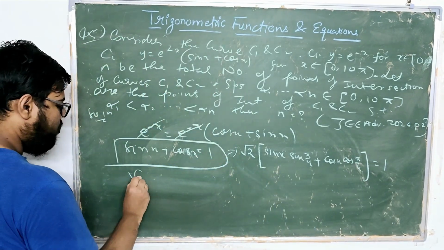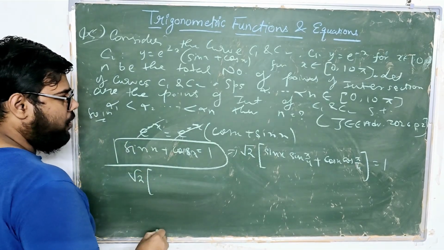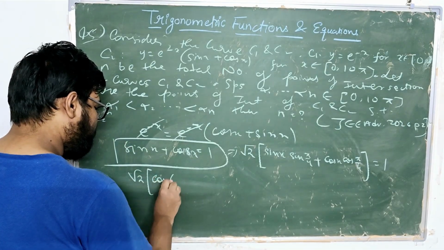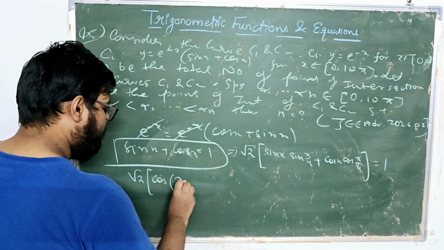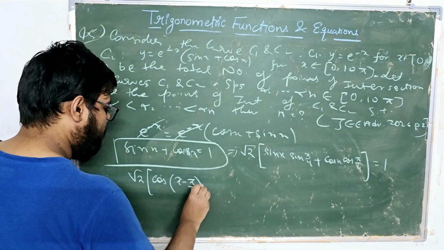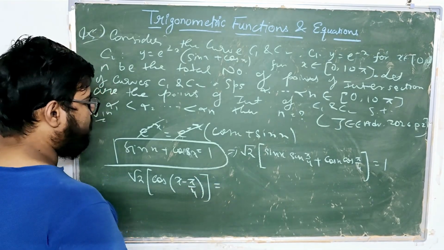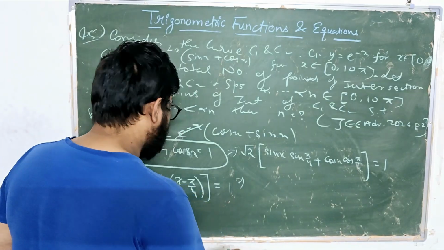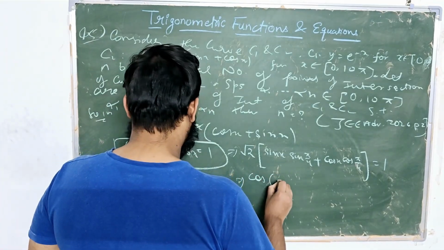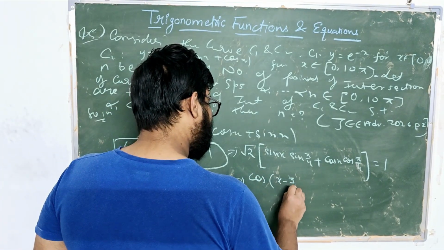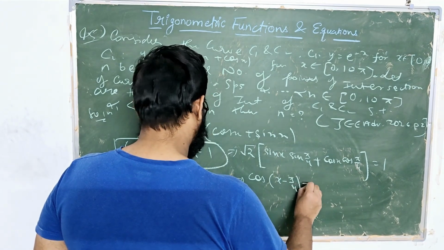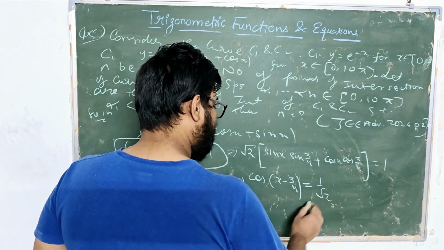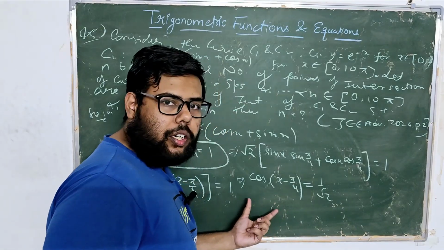So we have root 2 times cos of x minus pi by 4 is equal to 1. So from here you will get cos of x minus pi by 4 is equal to 1 by root 2.